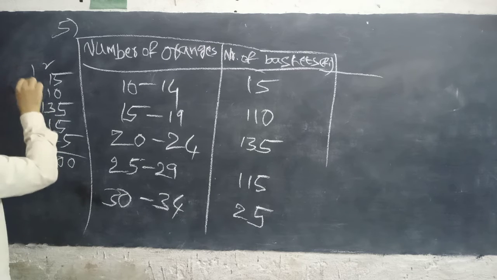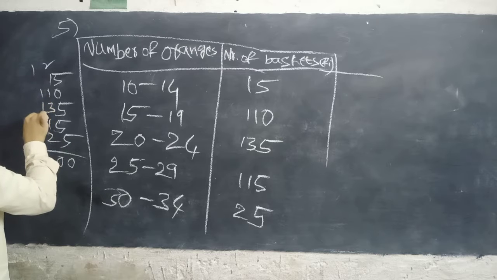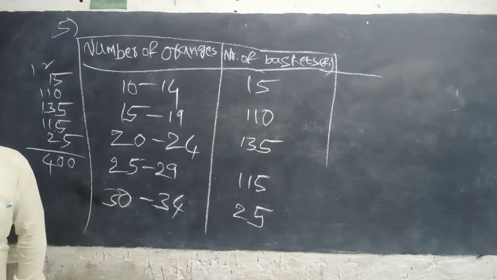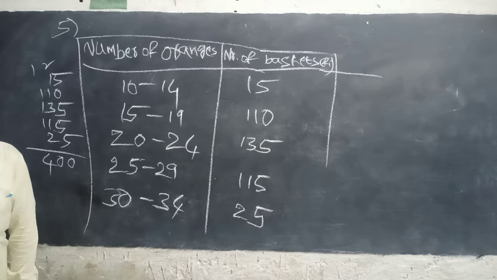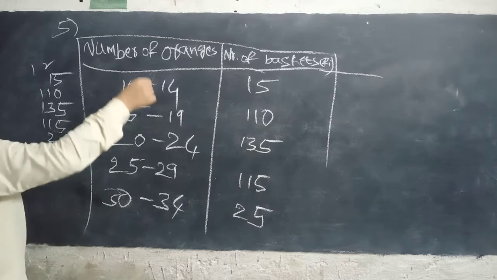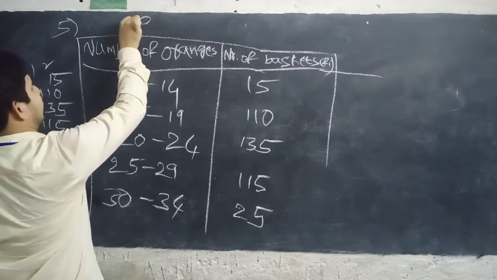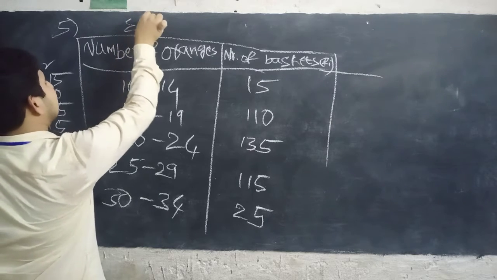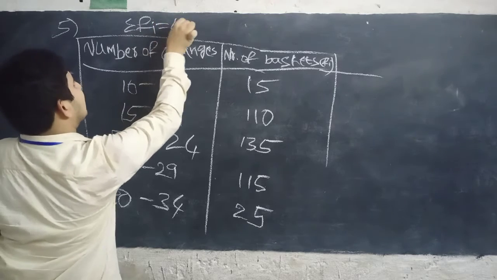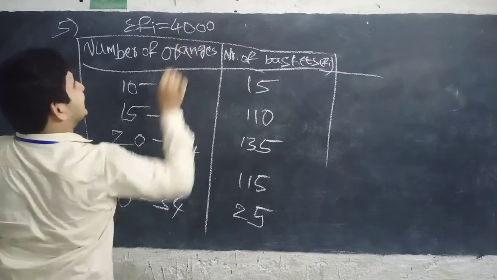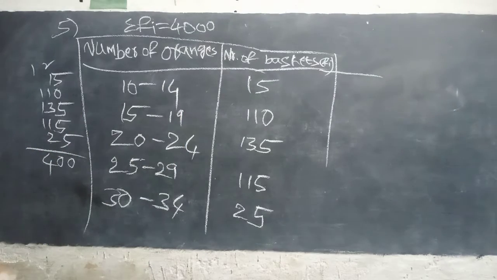Okay, now 1 plus 1 is 2. 2 plus 1 is 3. 3 plus 1 is 4. Any doubt? Okay, so sigma fi is equal to 400.